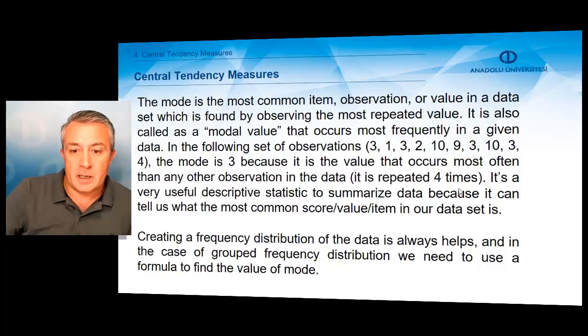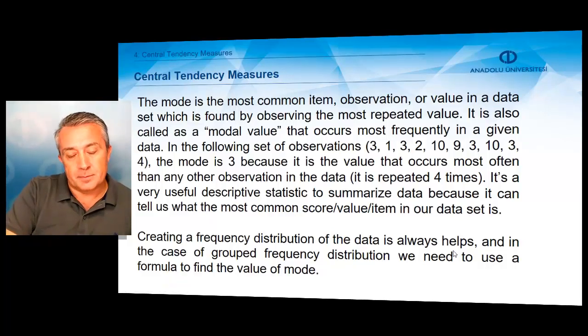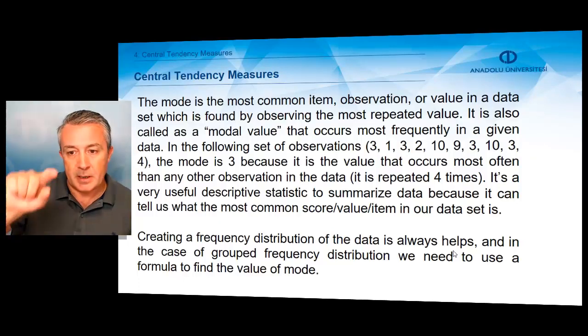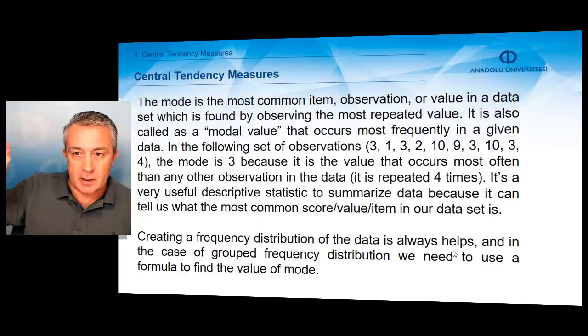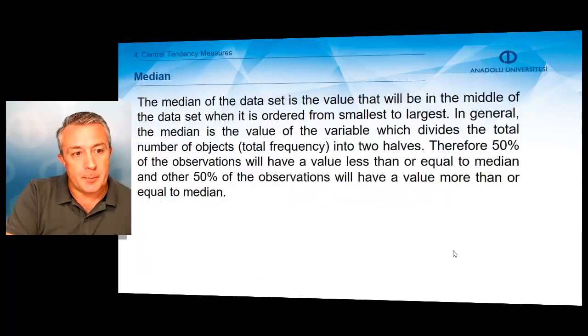The mode is the value associated with this frequency. Creating a frequency distribution of the data is always helpful. Remember from last week, in bar charts it's easy to see the frequencies of each column, so you can easily identify the most frequent value and find the mode easily.